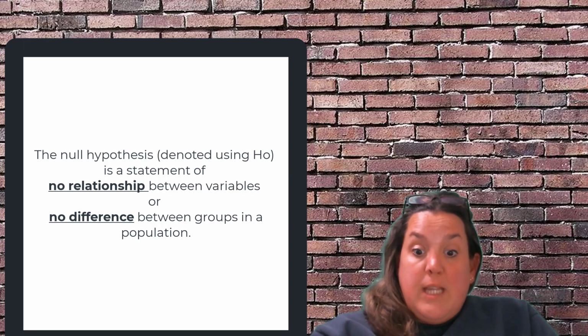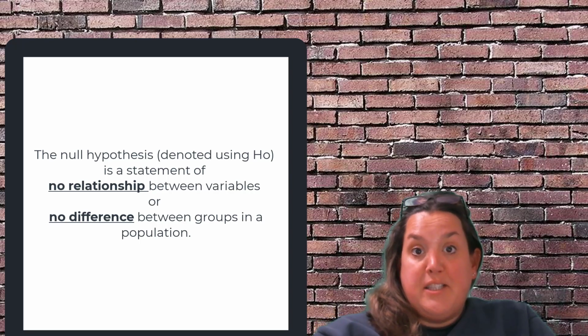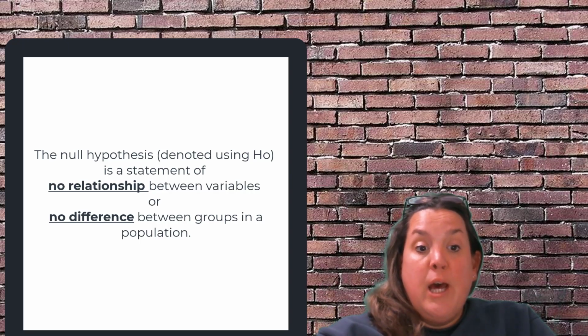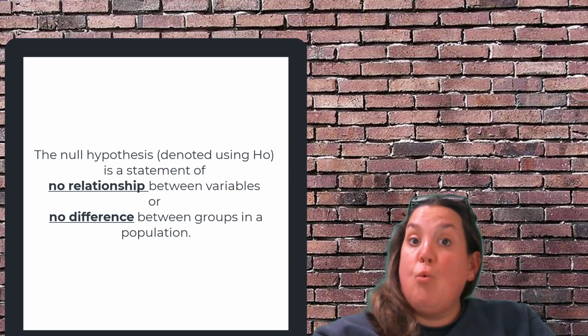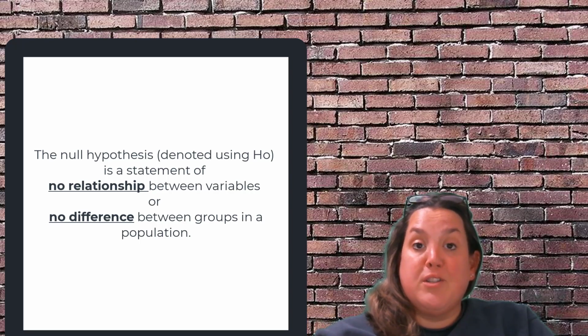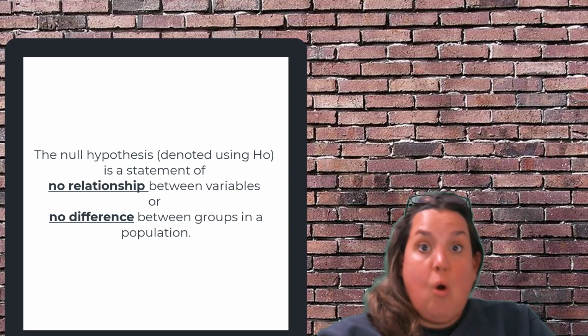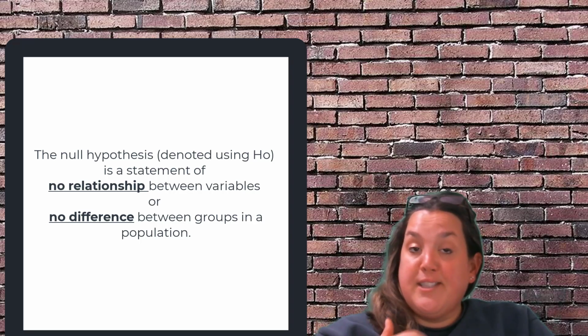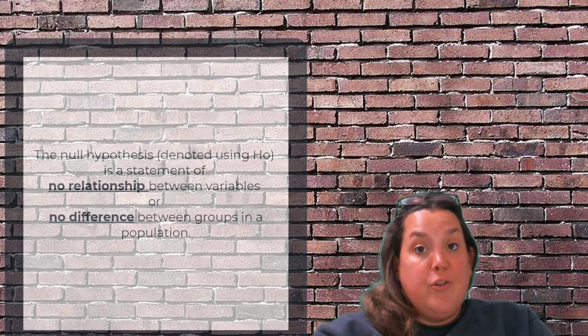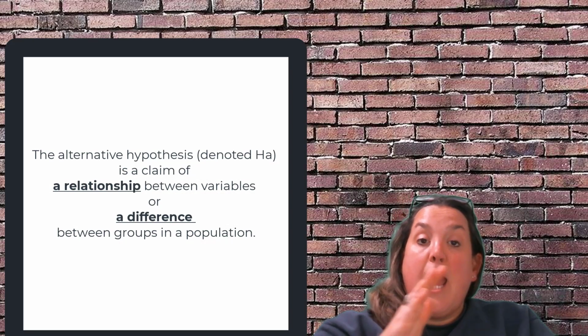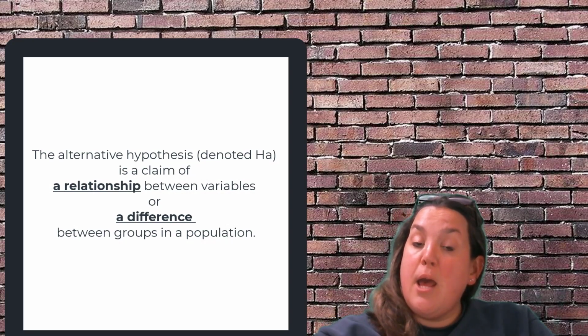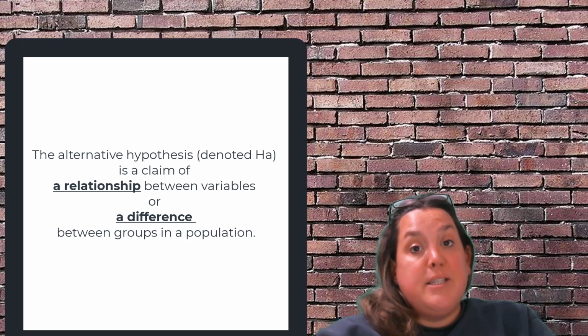So, in our hypothesis testing for chi-squared, which this chapter we're going to be using, it would be a statement of no relationship between the two variables. When we get to chapter 8, it might be that there's no difference between the two groups. So that's our null hypothesis. Then you have the alternative, which is a relationship. I always say you can remember H sub A: a relationship or a difference.